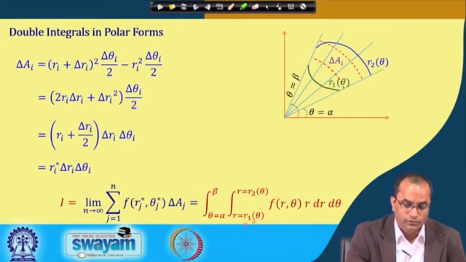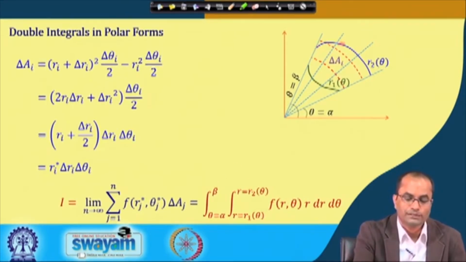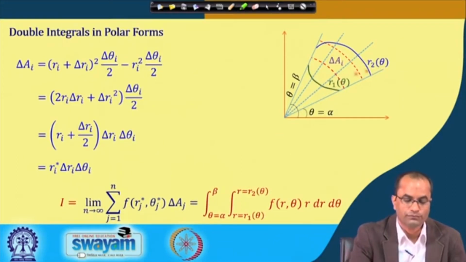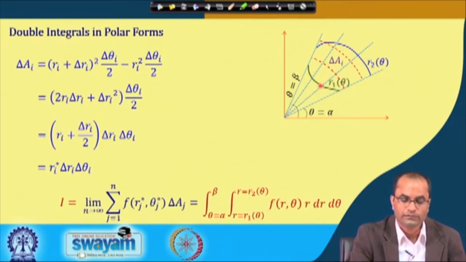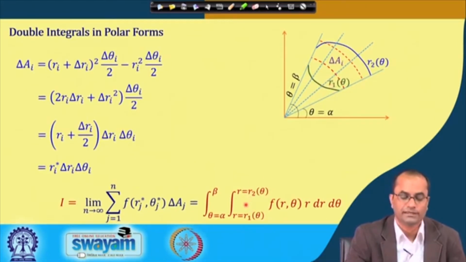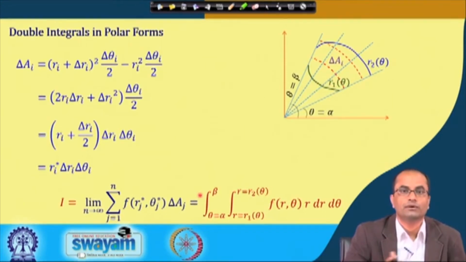And now we have to consider the limits for this domain, which are given in the polar form, so it is very easy. For r, we are entering the domain from r_1(theta) and exiting the domain at r_2(theta), and theta varies from the angle alpha to beta.